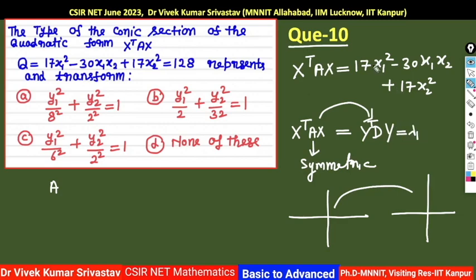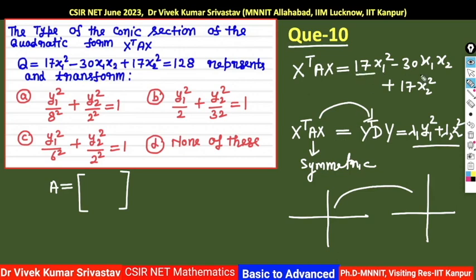Here since it is basically 2 cross 2, we can write lambda 1 y1 square plus lambda 2 y2 square. Means very simple, you find out the eigenvalues of A. These are the same eigenvalues as of this diagonal matrix, and based on this we can tell about the quadratic form. So now see, A matrix is a symmetric matrix, and this is very easy to construct. Just see, it is given 17 x1 square.